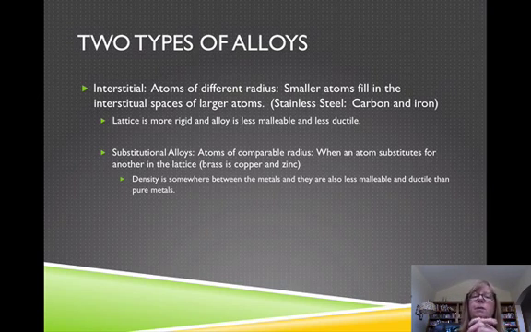And so that's just when one atom substitutes in for another atom in the lattice, but they have similar sizes. Now, the density would be somewhere between the copper and the zinc, so brass's density would be somewhere in between theirs. And again, because of this alloy, the metal alloy is less malleable and less ductile than the pure metals by themselves.